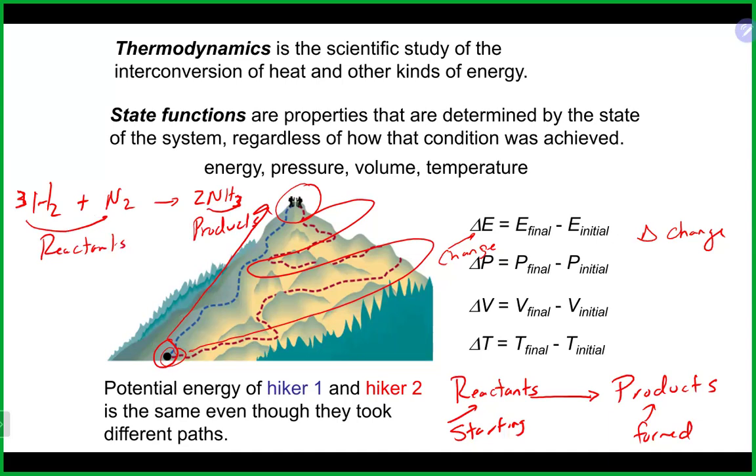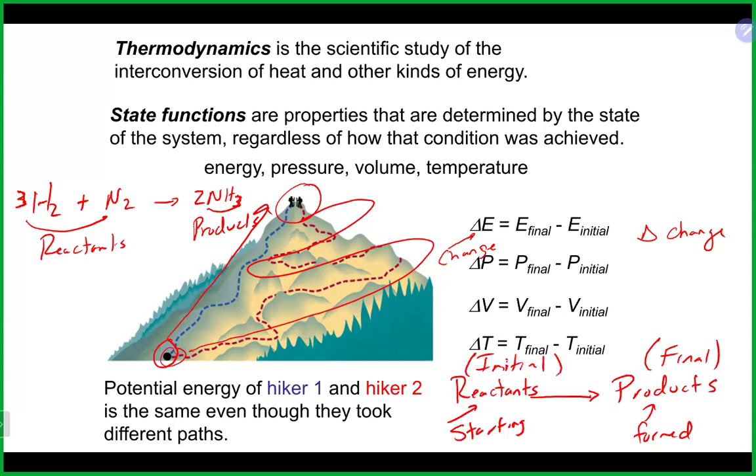So in a chemical reaction, if you just think about the equation, where we end up, our final state, is our products, and where we began is basically our reactants. So that's like our final state and our initial state.